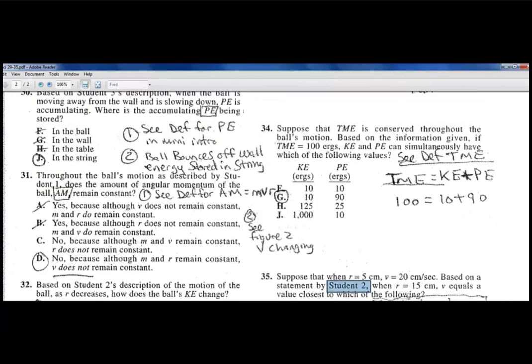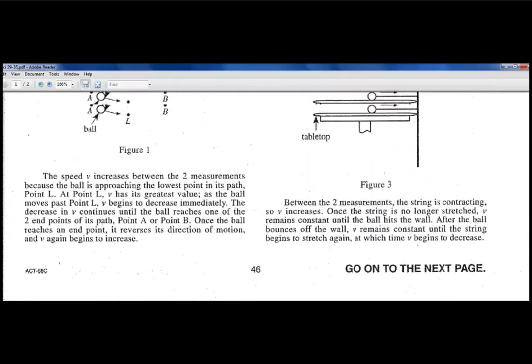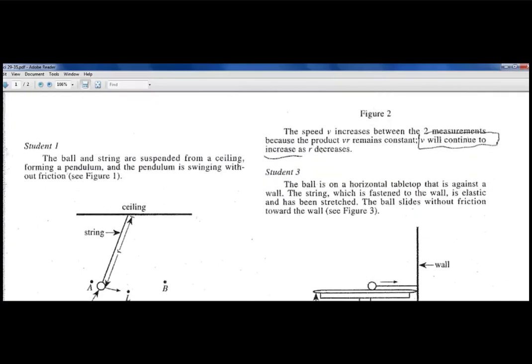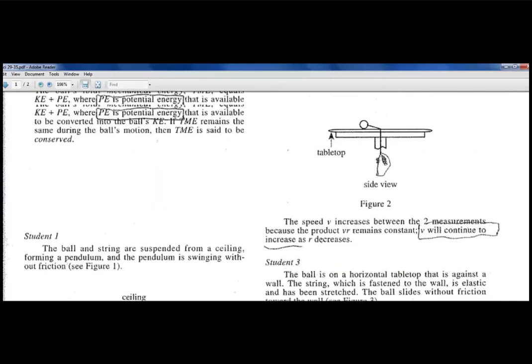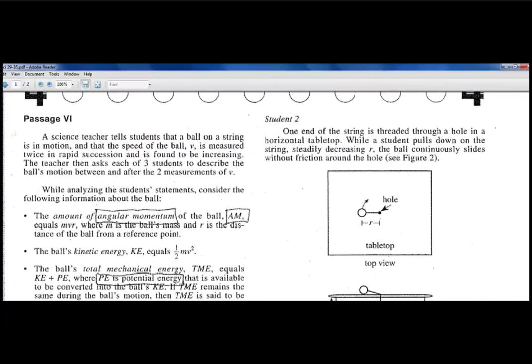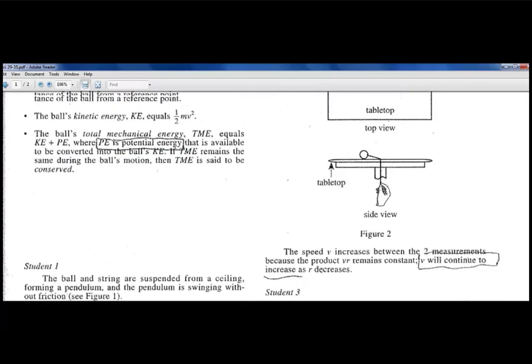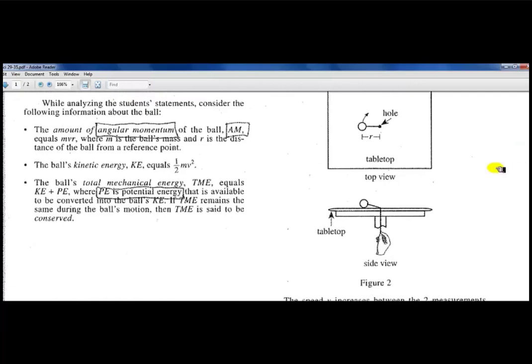Student 2, you see the setup, and student 2 has the table with the hole in it and the string. So here is student 2, and we're in figure 2 right here. Basically, you have a ball with a string on it, and the person is pulling the string down, decreasing the string length.